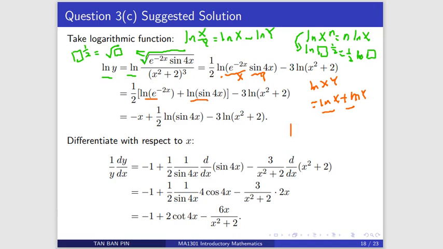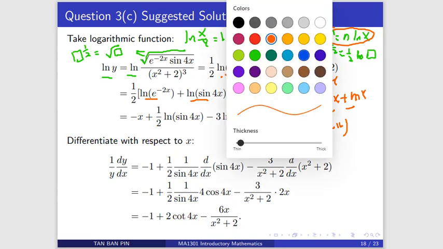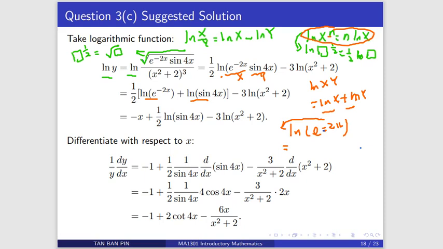Then for ln e power minus 2x, you can bring the power minus 2x down to the front using this formula.